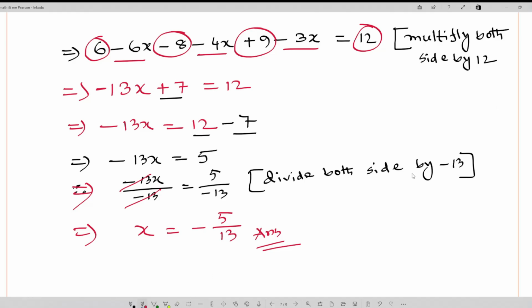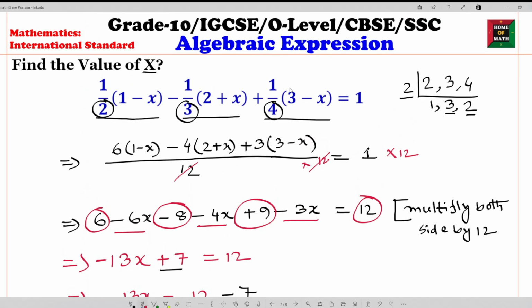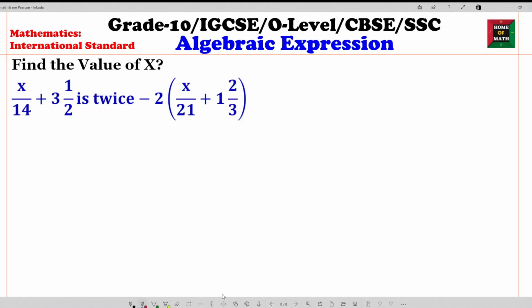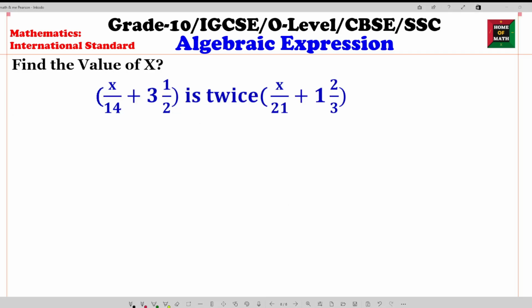Okay, so today we will try to solve another math. So the first math is done. Second question. Here is x divided by 14 plus 3 and 1 by 2, which is twice x divided by 21 plus 1 and 2 by 3.